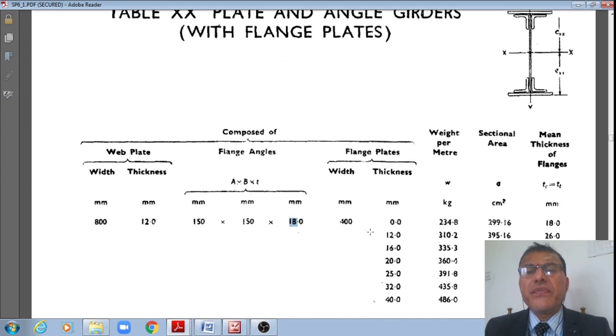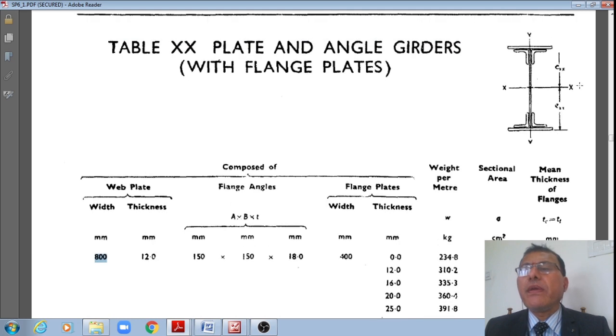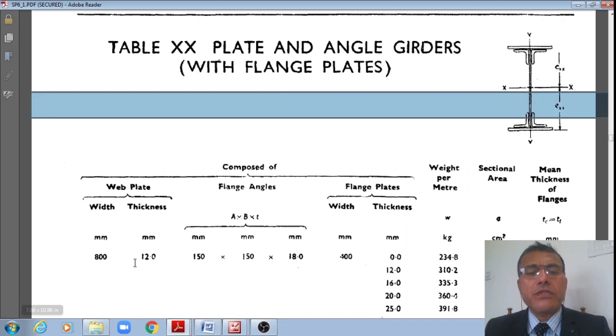I'm sorry, student, this is a web plate with a depth of 800 mm, and a thickness of that web of 12 mm.